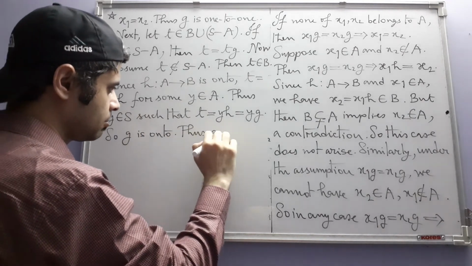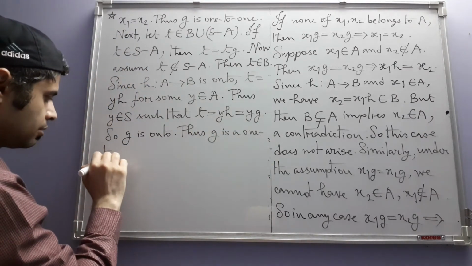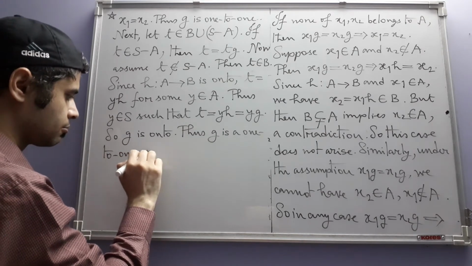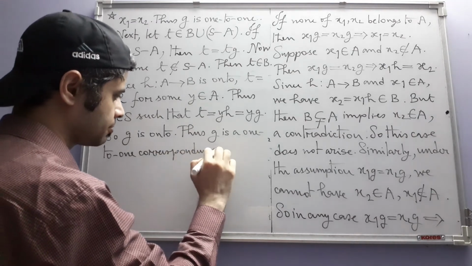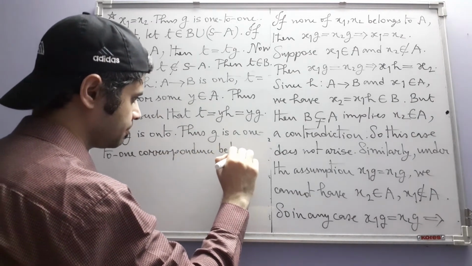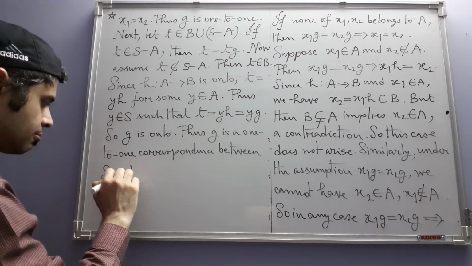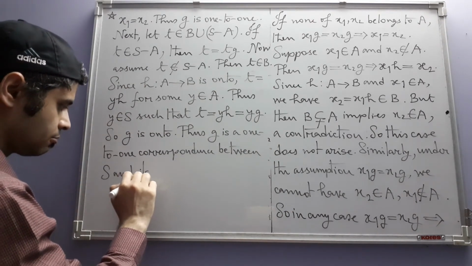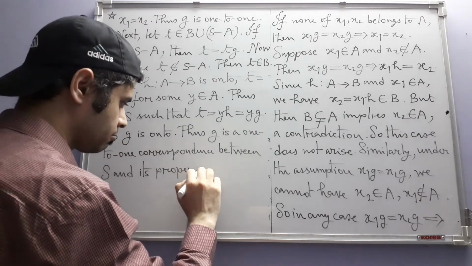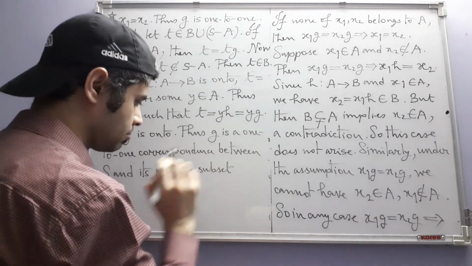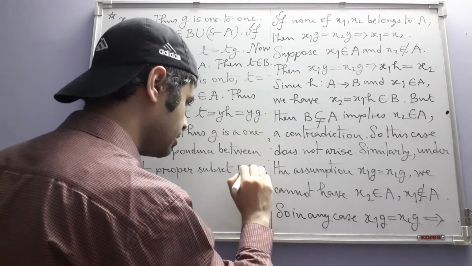Thus G is a one-to-one correspondence between S and its proper subset B union S minus A.